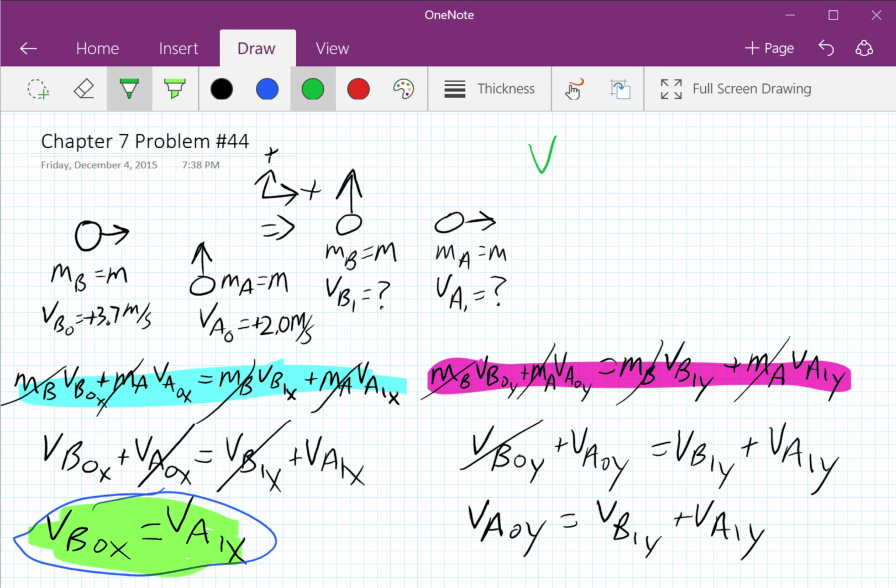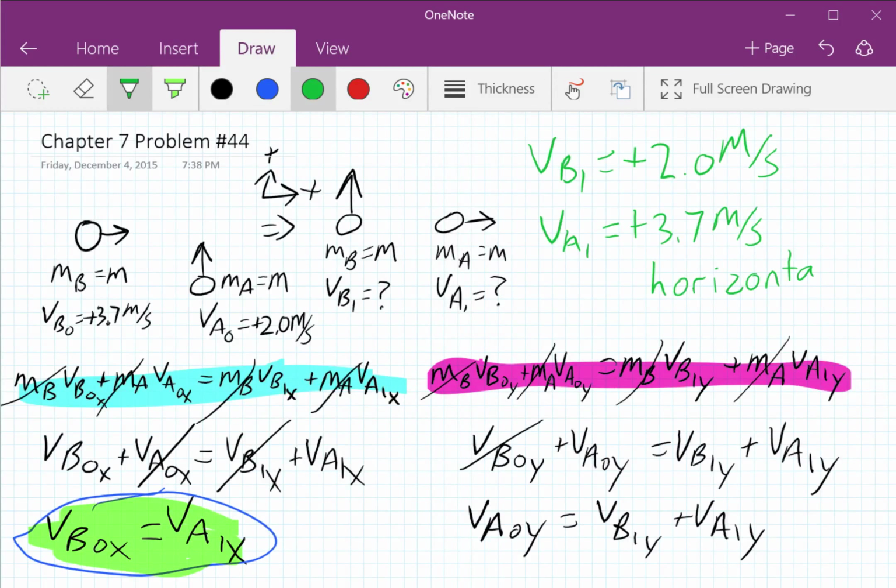You'd be able to say, okay, VB final is going to be a positive 2.0 meters per second. VA final is going to be a positive 3.7 meters per second, and you would need to write horizontally because that's the direction for A. And the sentence would basically be, if MB has only momentum in the y direction, then MA must have all the momentum MB had in the x direction before the collision.